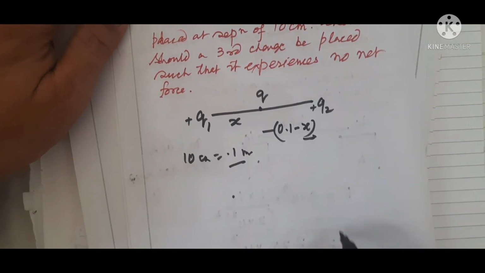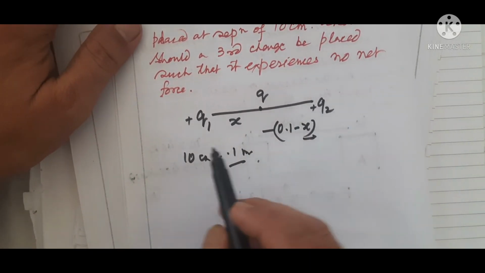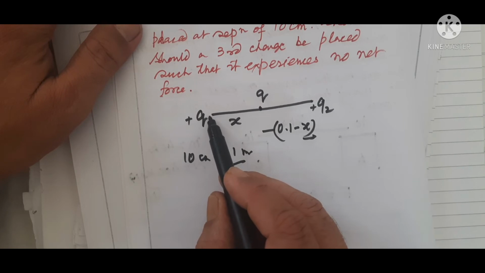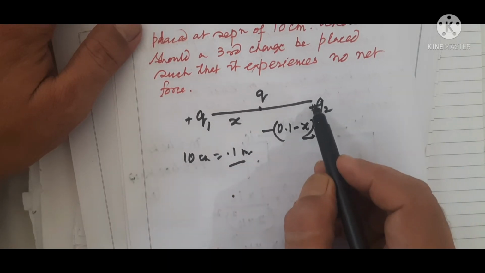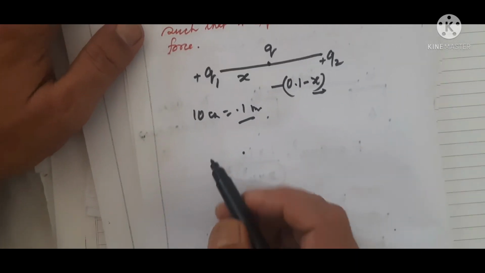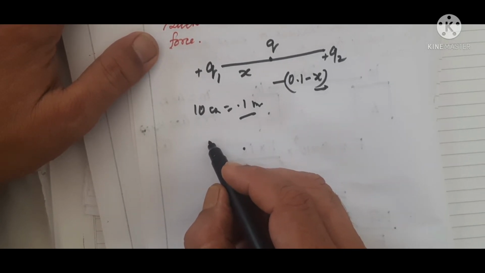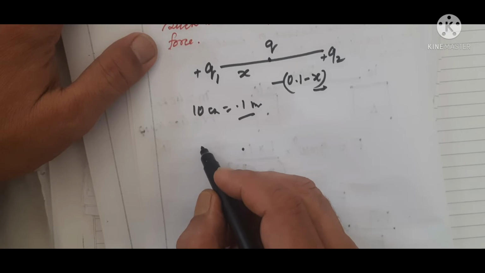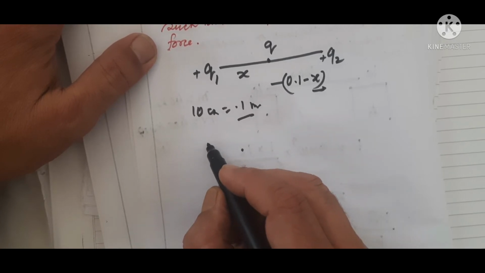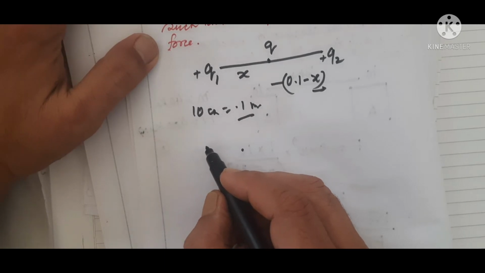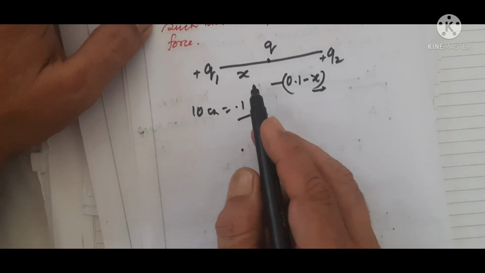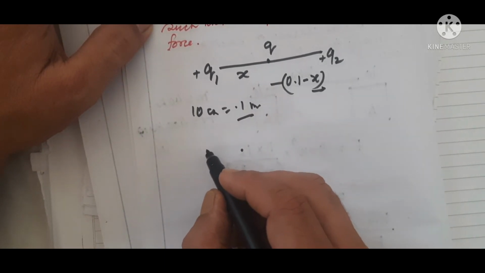Now it experiences no net force. So this Q1 exerts a force on Q, Q2 also exerts a force on Q. So the net force will be 0. So we have to find out the distance x.